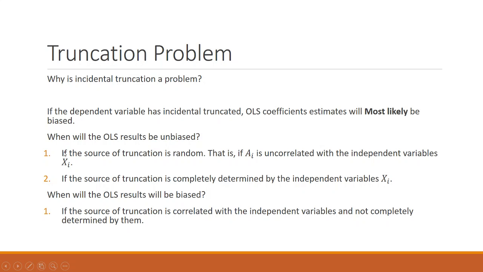If the source of truncation is random, that means if people who have savings accounts are identical on average to those that don't have savings accounts. If it's totally random who has the savings account and who doesn't, that is, if A is uncorrelated with the independent variables, then the OLS estimates will be unbiased.